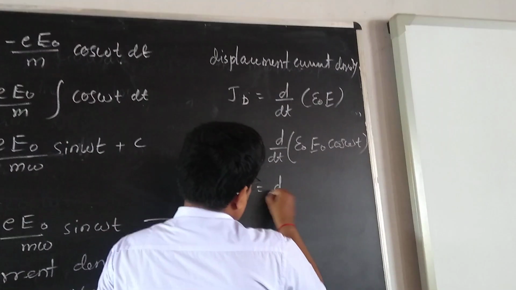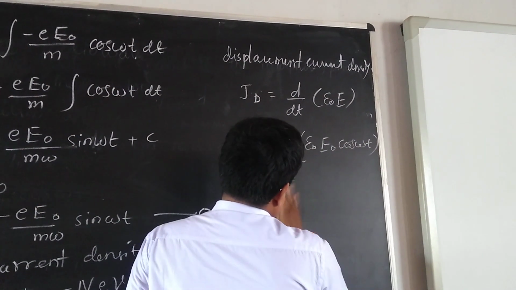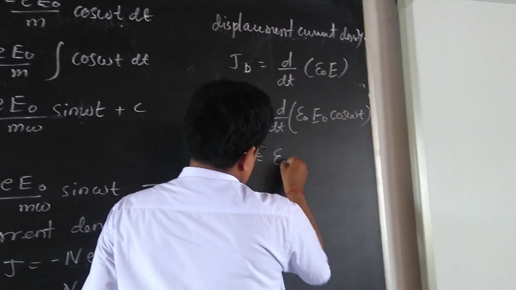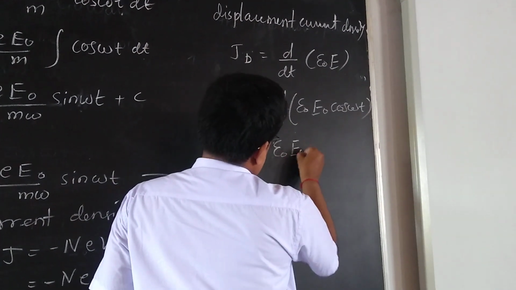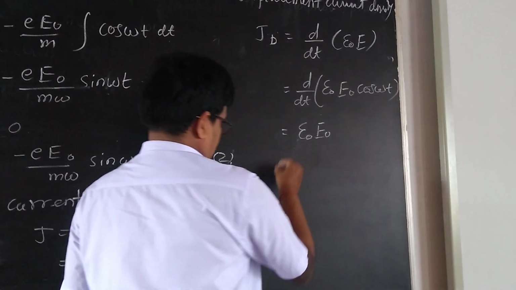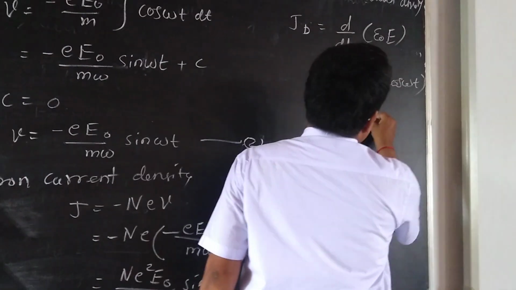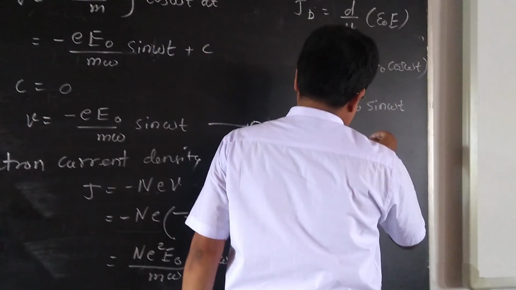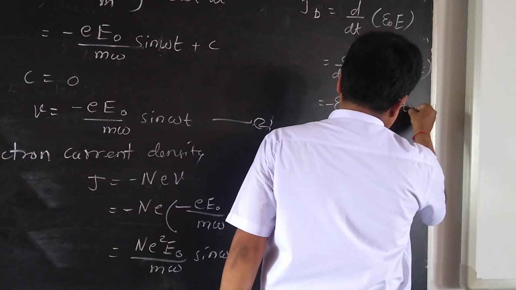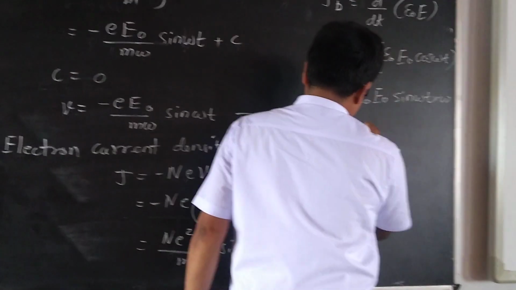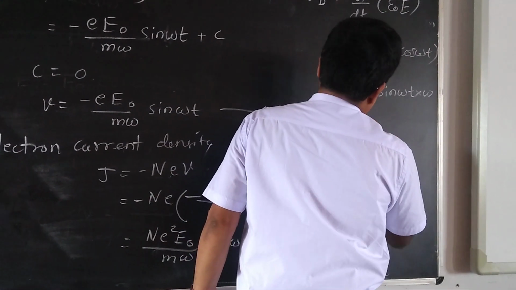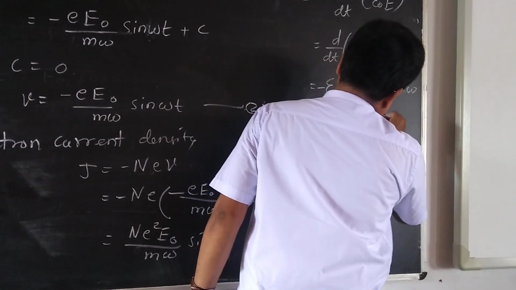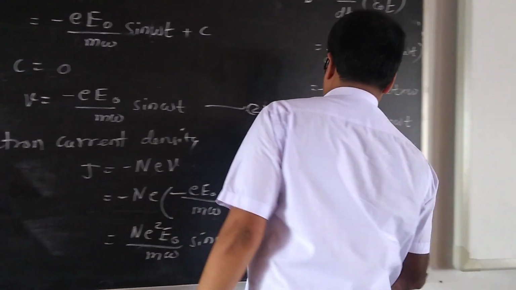Differentiation of cos omega t is minus sin omega t into omega, so it is minus omega epsilon naught E naught sin omega t.